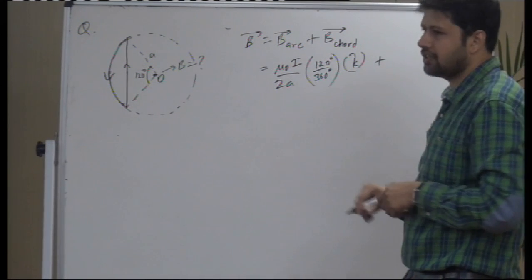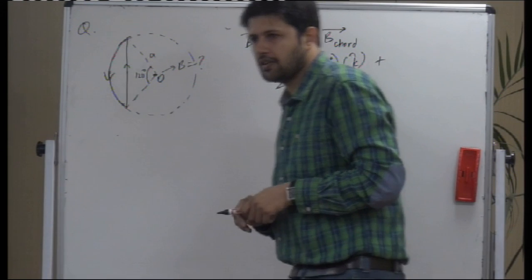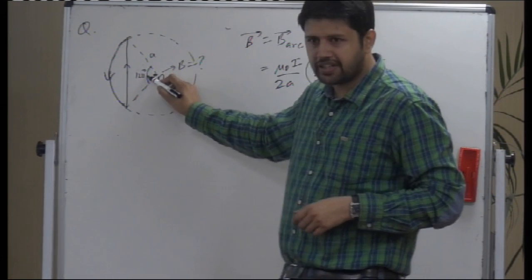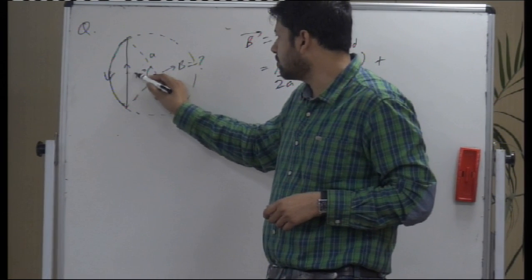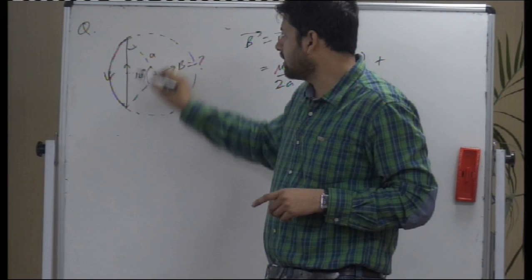For the other one, it is carrying current in the upward direction. The angle is 120 here. You already know that this triangle is an isosceles triangle. This angle and this angle would be how much? 30. Both would be 30 each.